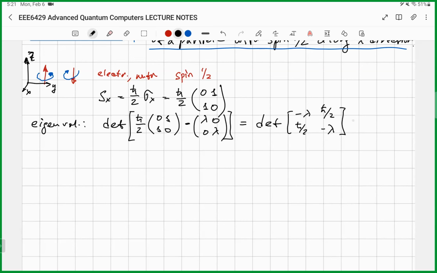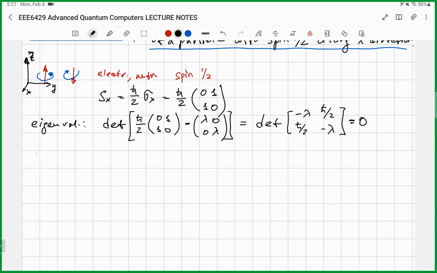And then I have to make it equal to 0. In order to find this lambda, which is the eigenvalue of this matrix, I have to find this determinant and make it equal to 0.